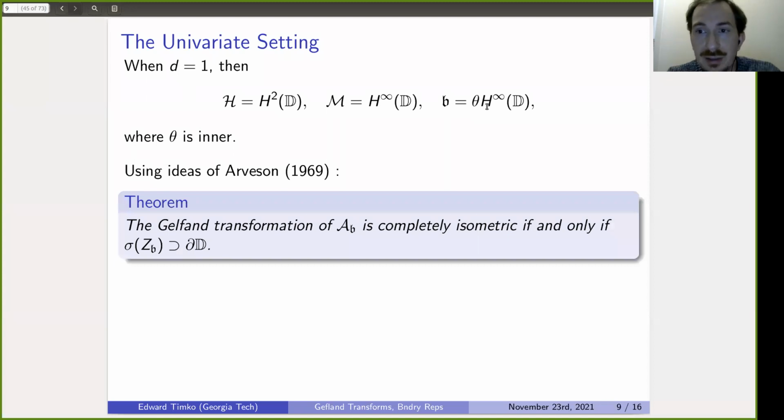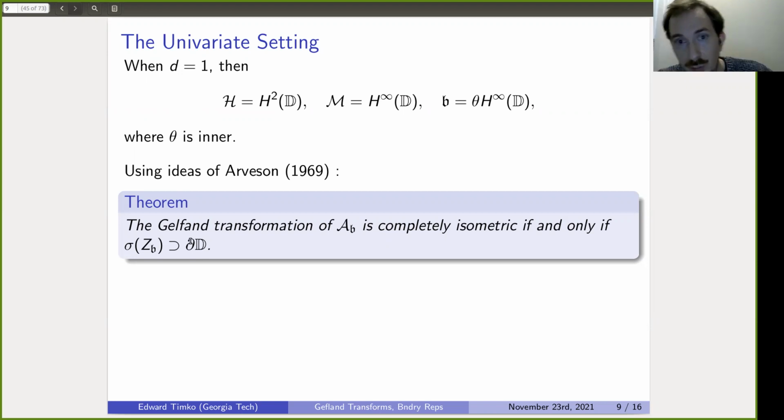And by putting together some ideas of Arveson and repackaging it in the language that we have here, what you can say is that the Gelfand transformation matters only if you know that the spectrum of this model operator, Z_B, contains the unit circle.